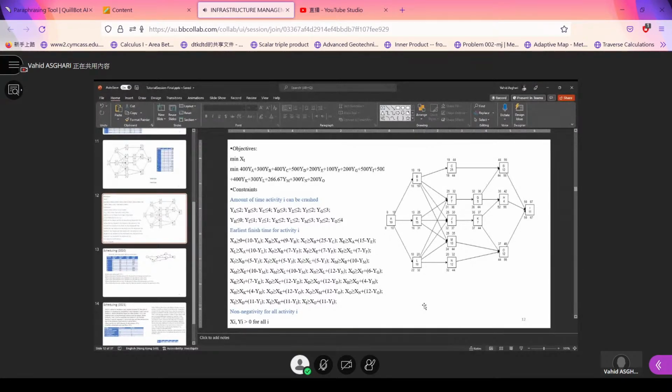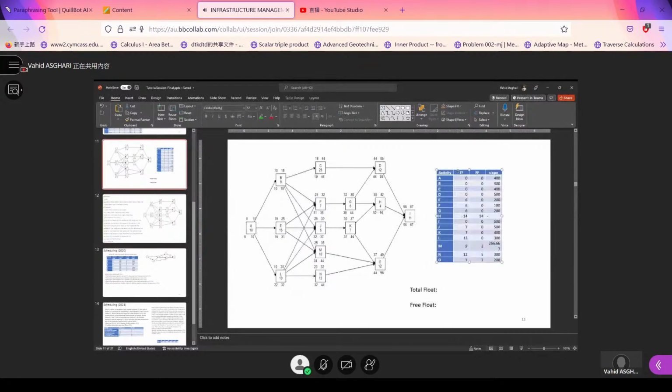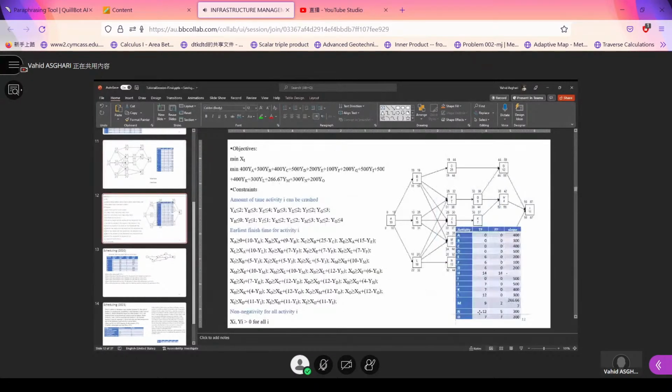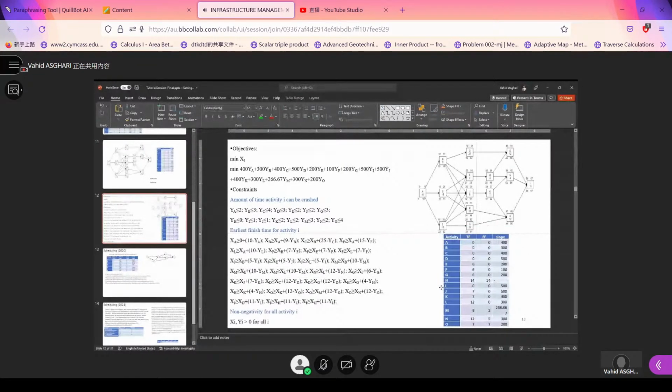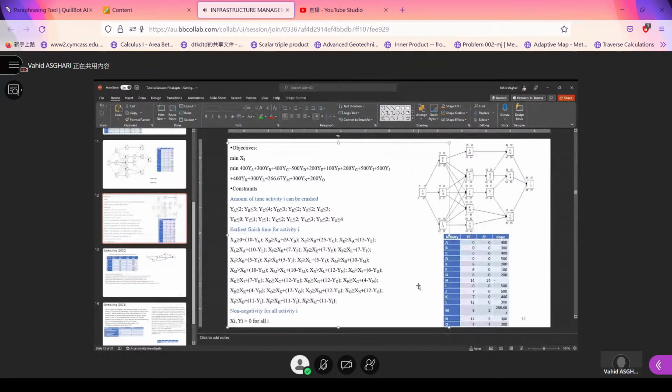Let's see what we can do. Let me bring up this table here. Let's talk about it. So what will be the objective function?